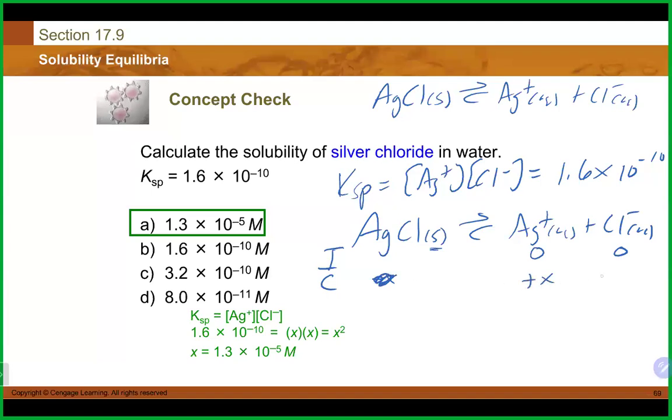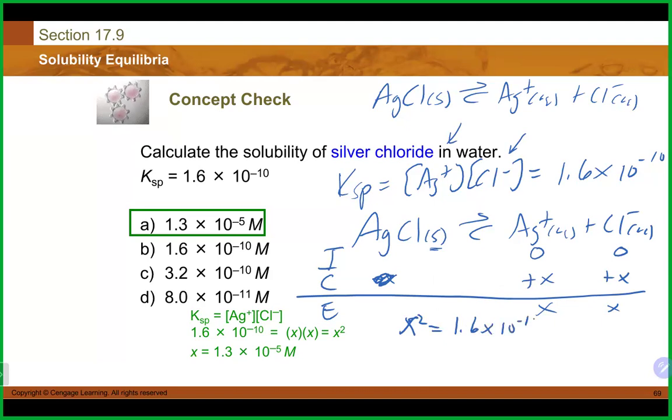This would then be plus x, which means at equilibrium, x and x. This would go into our expression here. And this would give us basically x squared is equal to 1.6 times 10 to the minus 10. And as you can see here, you can take the square root of both sides. And that gives you an x of 1.3 times 10 to the minus 6.